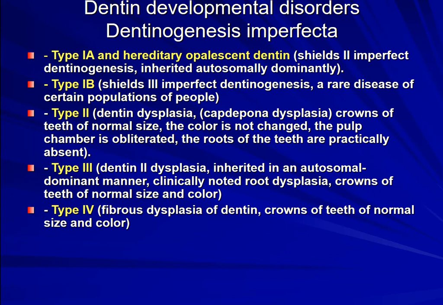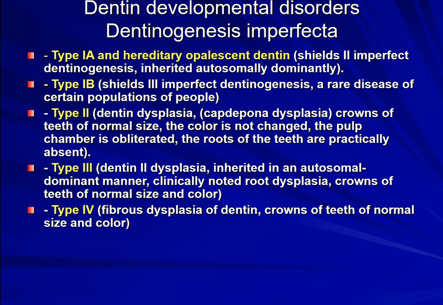Dentin developmental disorders. Dentinogenesis imperfecta, divided into 4 types. The first type is also divided into 2 groups.